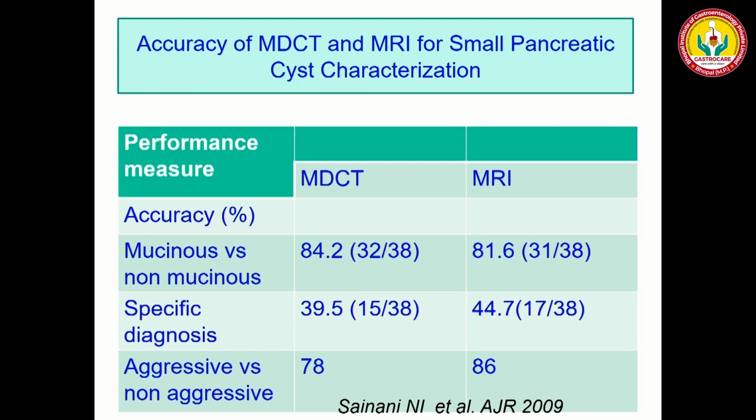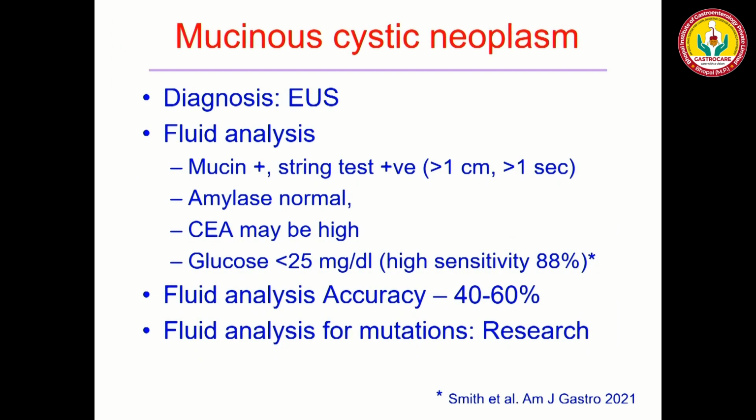CT and MR are good modalities to differentiate and diagnose mucinous versus non-mucinous, but the overall diagnostic accuracy is around 80% between mucinous and non-mucinous tumors. And therein comes the role of EUS, because most patients with cystic neoplasm will require a diagnostic endoscopic ultrasound, and there you may do a fluid analysis to find if there is mucin.